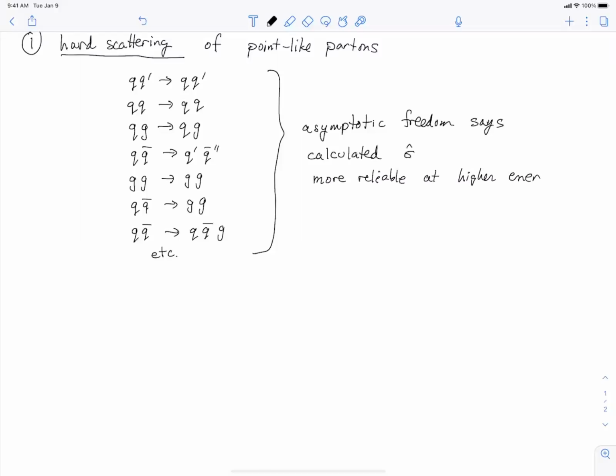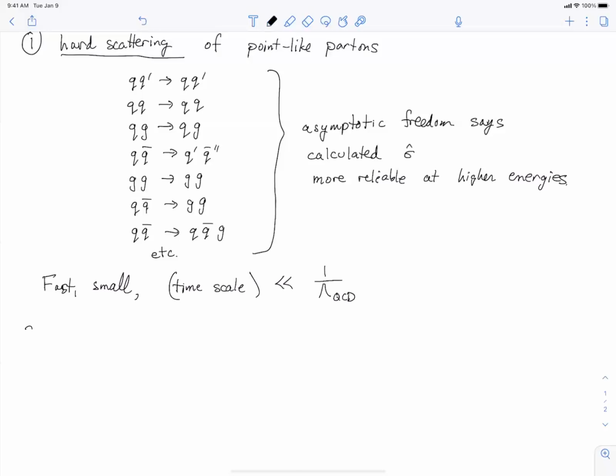So the higher in energy we go, the better our calculations become. You should think of hard scattering as being fast and small. That's because the time scale or the distance scale is much, much less than 1 over lambda QCD. That's the scale at which the QCD coupling is blowing up, and none of our calculations make any sense. So that's hard scattering.